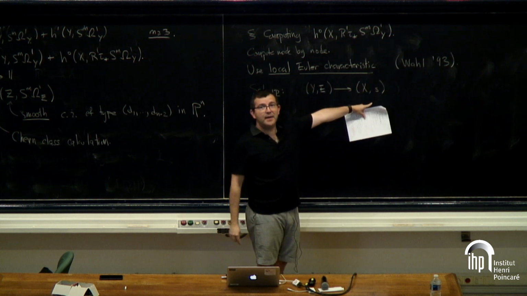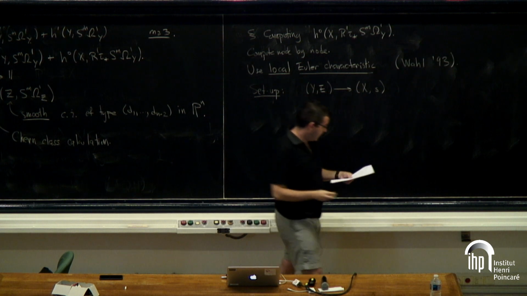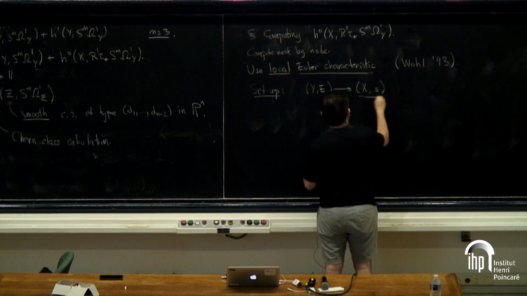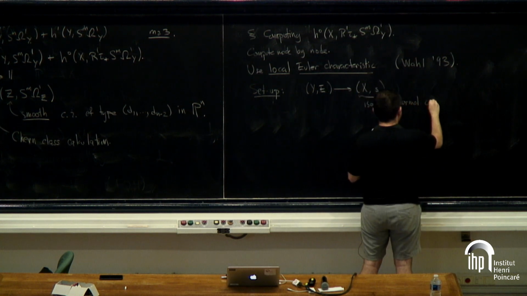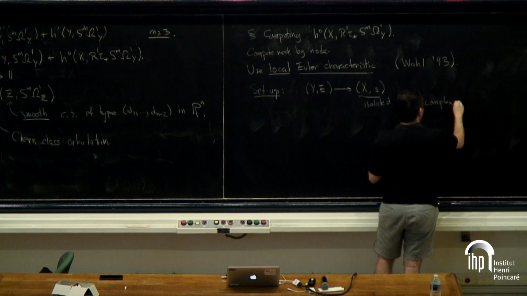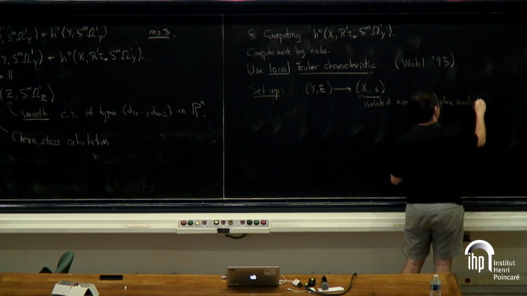So this is little s, not capital S, one node, okay? And so the point is this should be an isolated, normal, complex, analytic surface singularity.